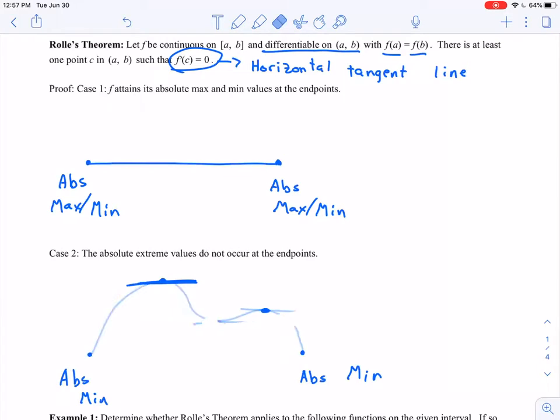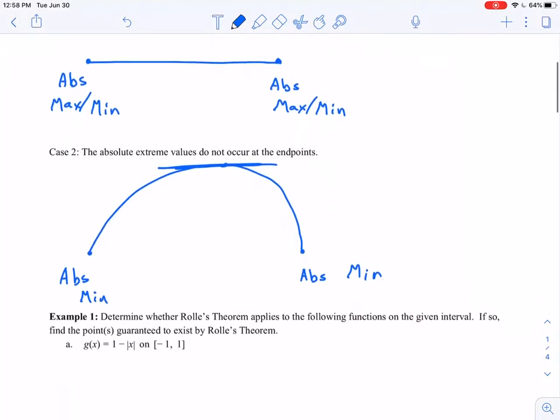You could have a whole bunch, but we have at least one. So perhaps my graph looks something like this, and we say, okay, here is our horizontal tangent line right there. So we have to have at least one place, one x value, where we have a horizontal tangent line.